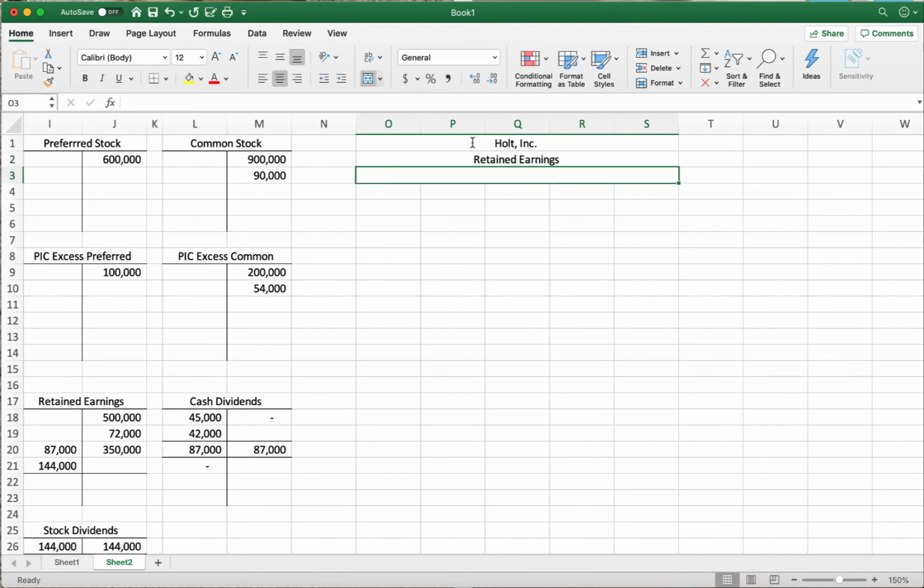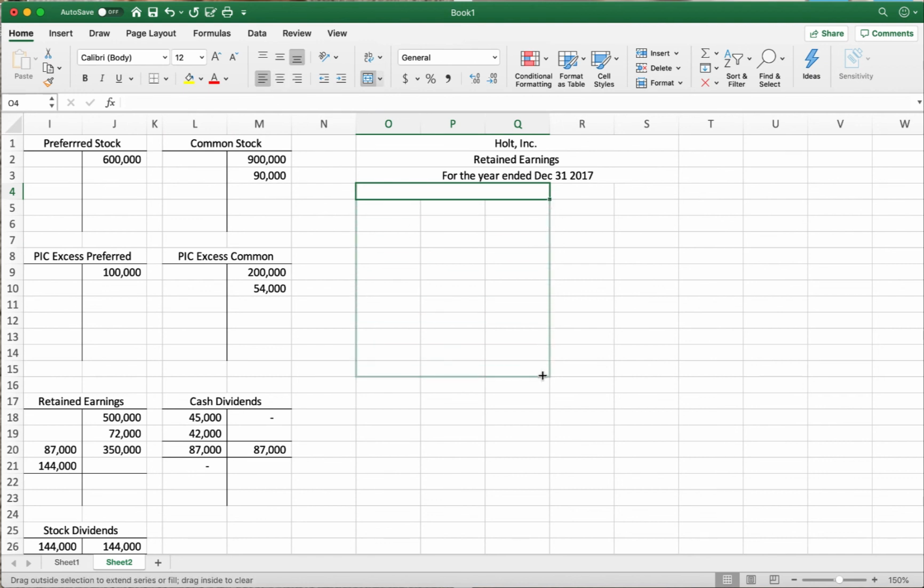And for what date? Well, for the year ended December 31, 2017. Okay, so now what I'm going to do is I'm just going to click 3 columns here. Okay, merge and center, left align, click and drag down. Again, I'm just choosing an arbitrary amount just to make sure we got enough room.